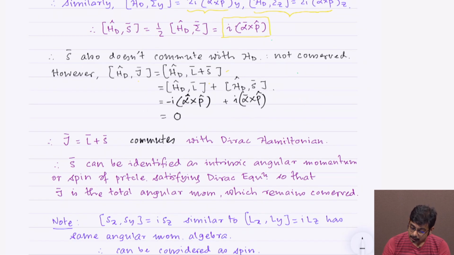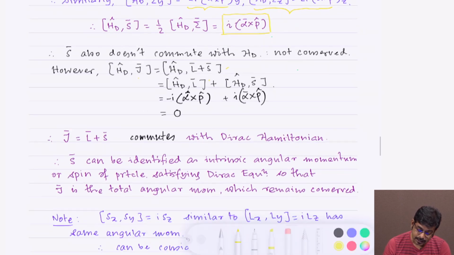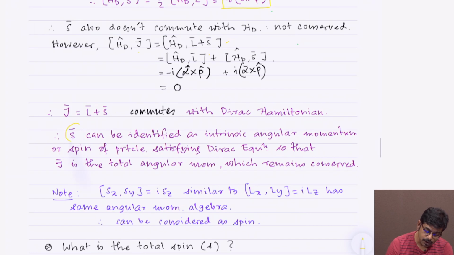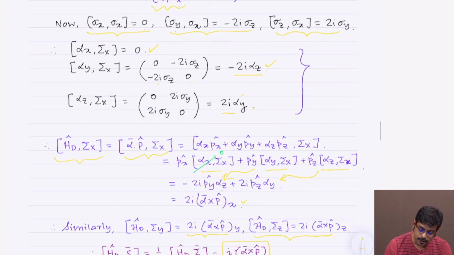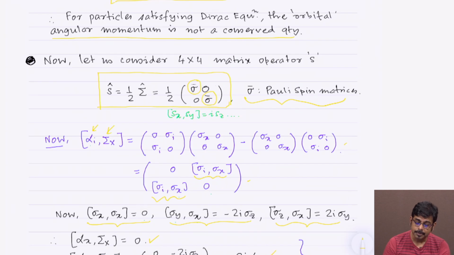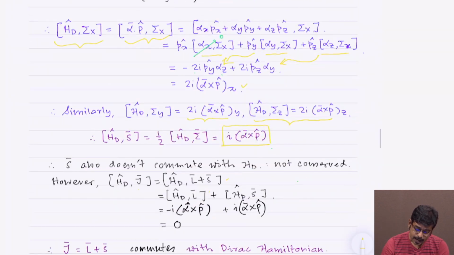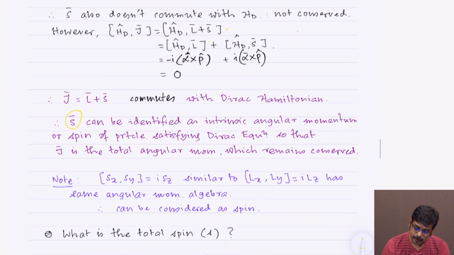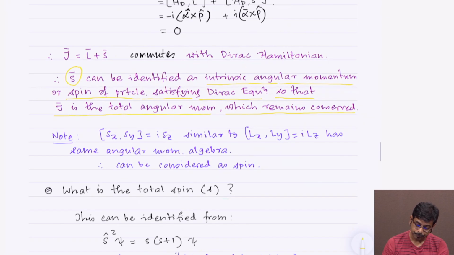So you can argue that this is a legitimate way: the S that we have constructed via this definition, which is half of sigma, half of the Pauli spin matrices sitting diagonally in these 4 by 4 matrices, is a legitimate definition of the intrinsic angular momentum or the spin of the particle satisfying the Dirac equation, so that the J that we constructed, the total angular momentum, remains a conserved quantity.